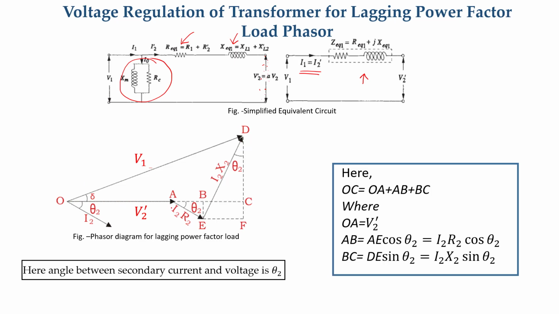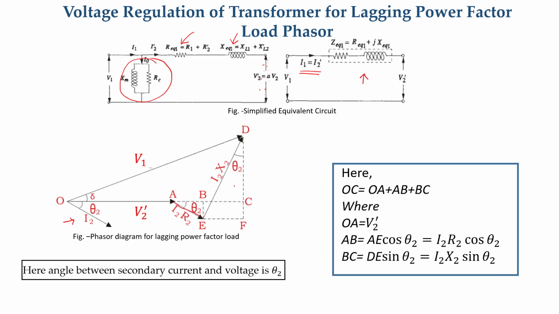Here V2 dash, and I2 is the load current lagging by theta 2. Then V1 is V2 dash plus I2R2 plus jI2X2. In the phasor diagram, you can see I2R2 is parallel to I2, so it is drawn here.